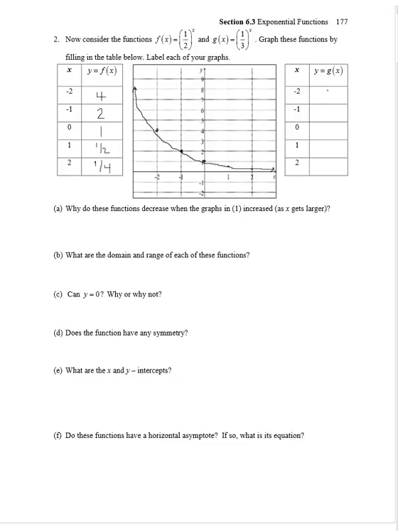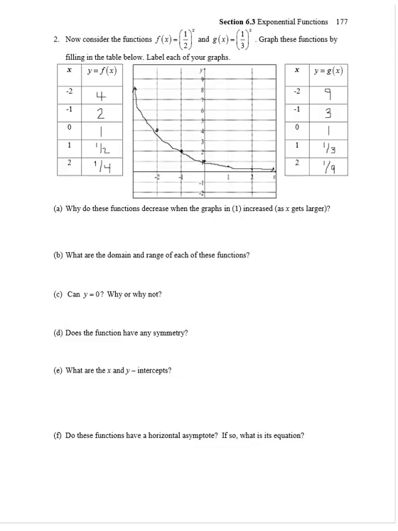Okay, for 1/3 to the x, 1/3 to the negative 2 is 9. 1/3 to the negative 1 is 3. Anything to the 0 is 1. 1/3 to the first power is 1/3. And 1/3 squared is 1/9.